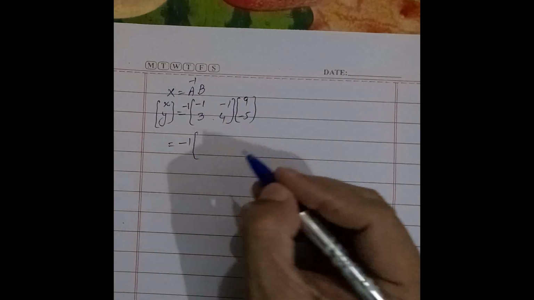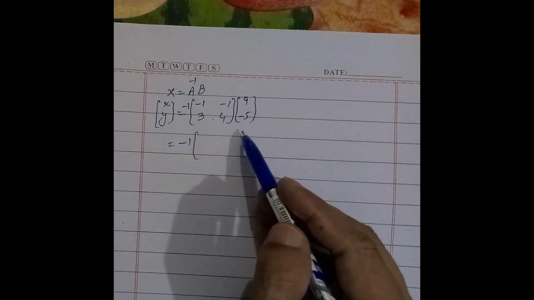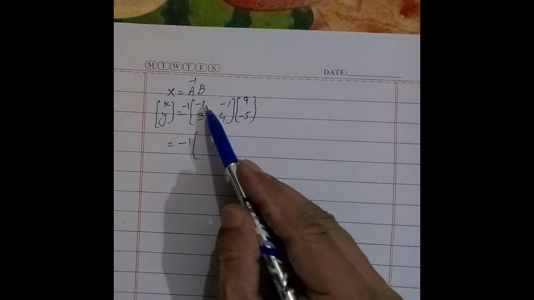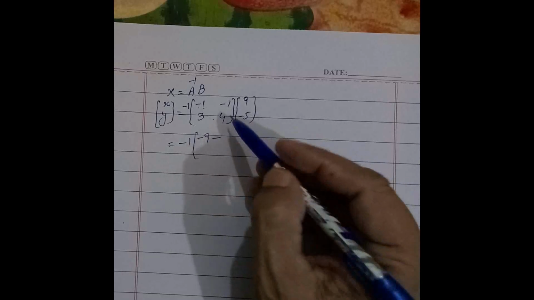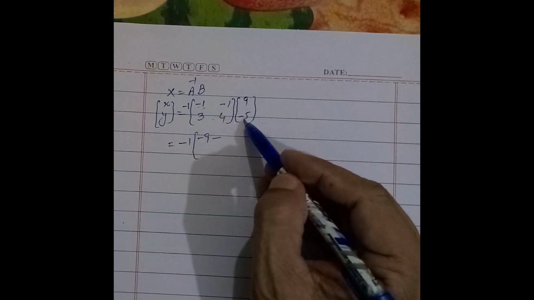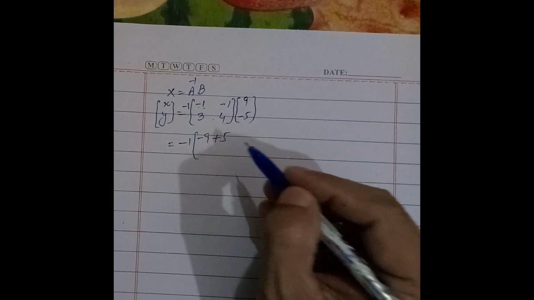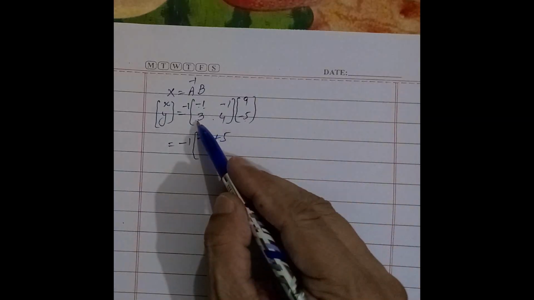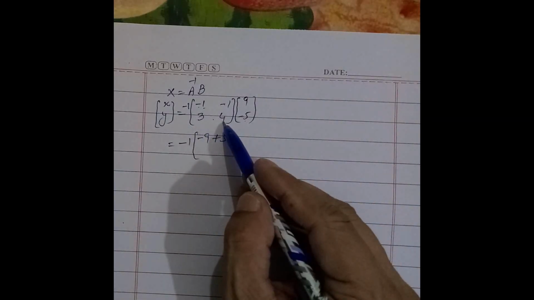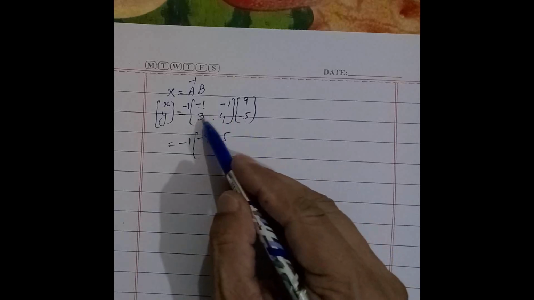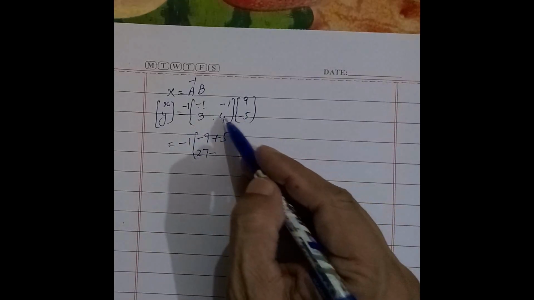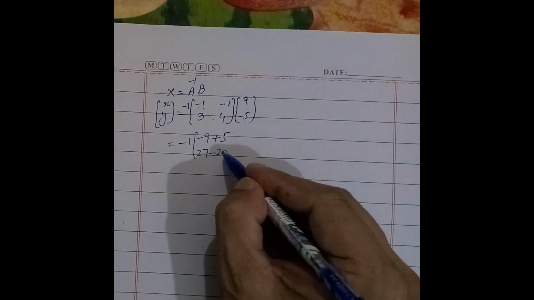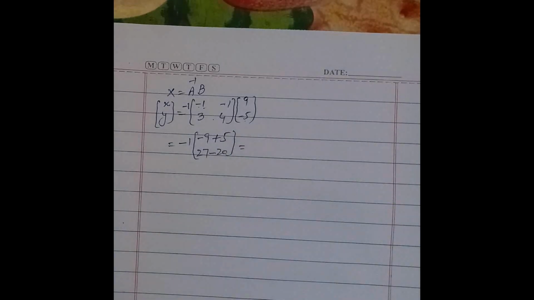We multiply the first row with the first column: -1 multiplied by 9 is equal to -9, and -1 multiplied by -5 is equal to +5. The second row, 3, 4, multiplied by the first column: 3 multiplied by 9 is equal to 27, and 4 multiplied by -5 is equal to -20.